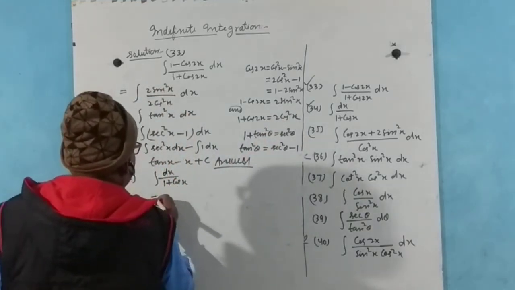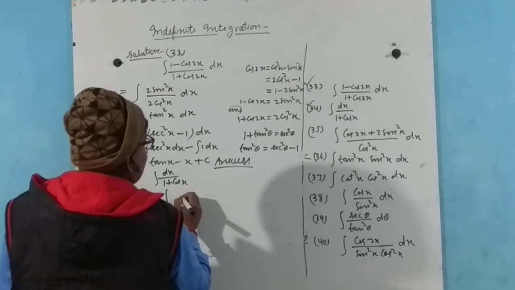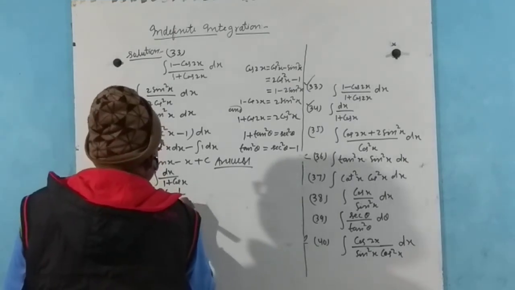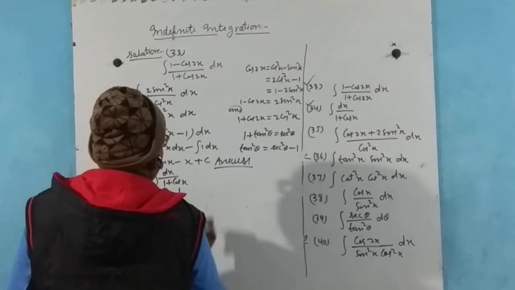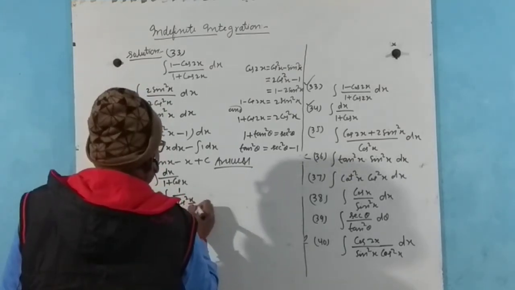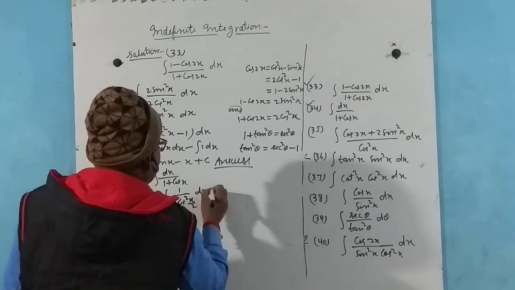This can be written as integration of 1 by 2 cos square x by 2 dx.